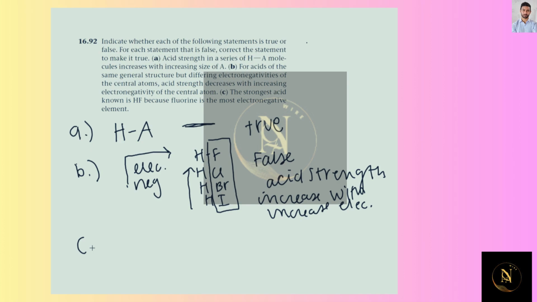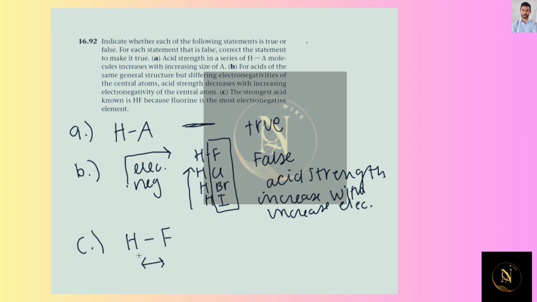All right, so for part C, it says the strongest acid known is HF because fluorine is the most electronegative element. And this would be true due to the rule that we just stated above. But since fluorine is so electronegative, the HF bond is so strong and does not want to be broken.